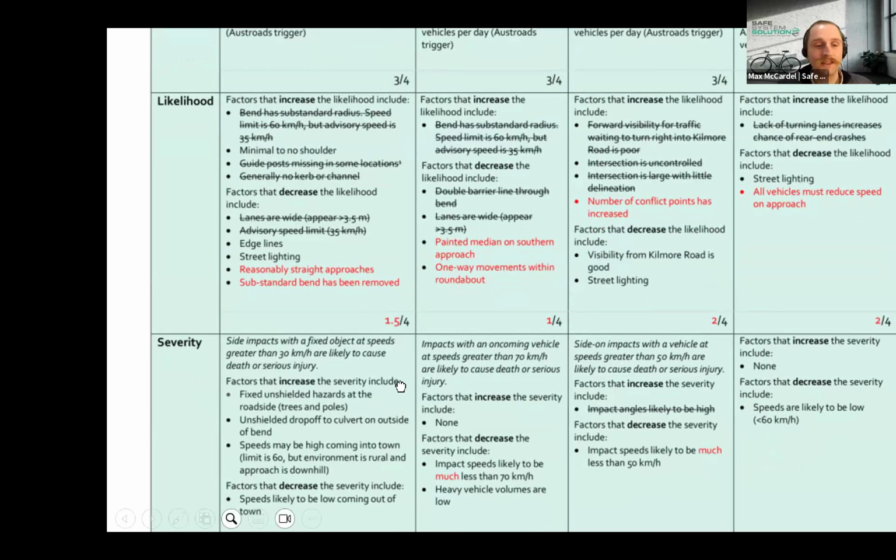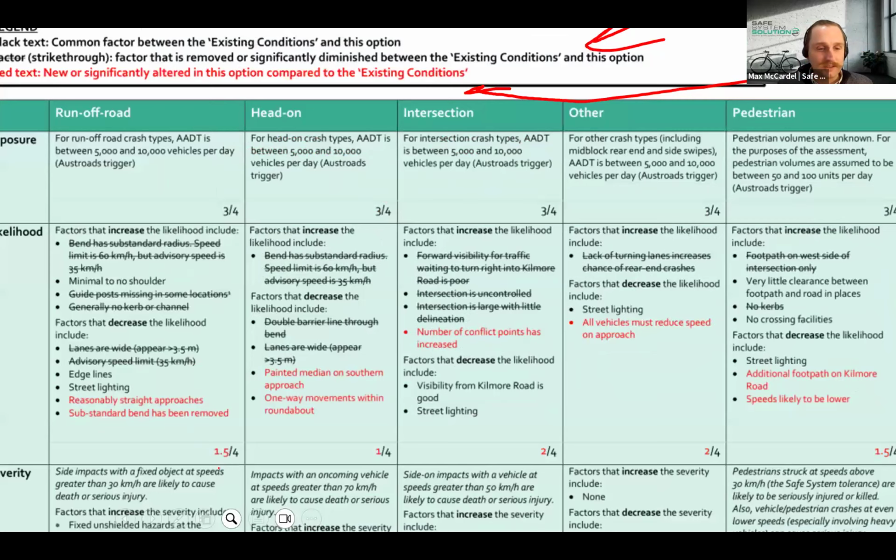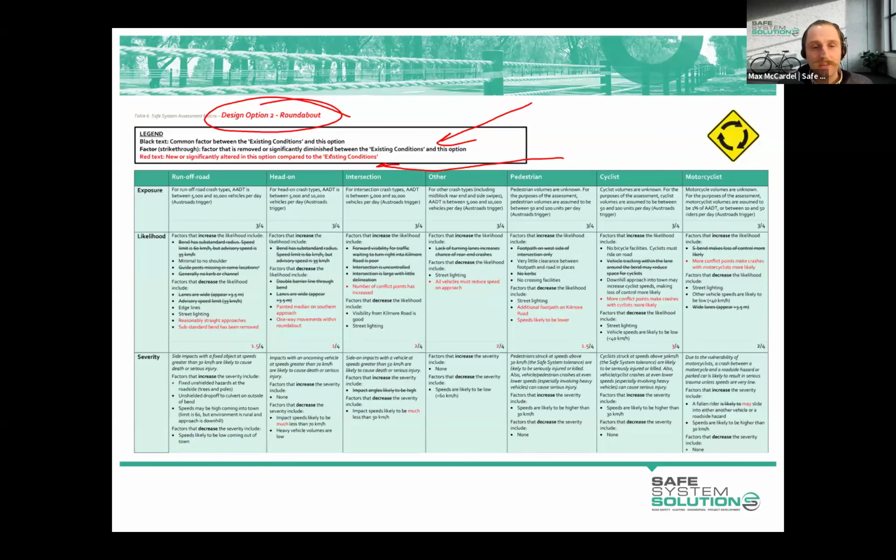We don't have the severity for this one, but anyway, that's what you do. You're basically crossing off things that are no longer relevant and anything that has been added, popping it in red text. You then go back to your existing conditions table and you create another copy.